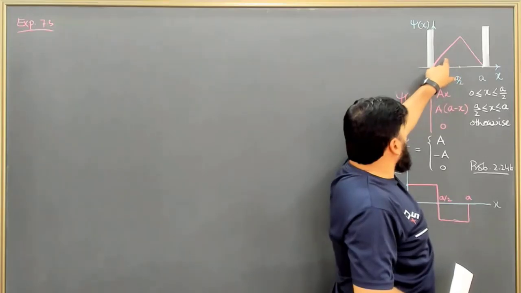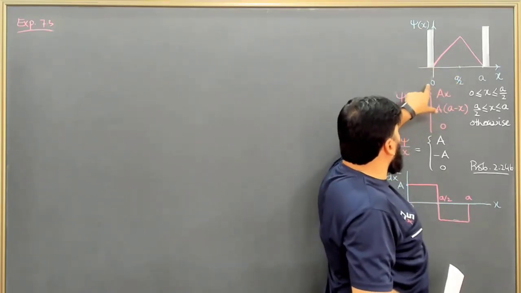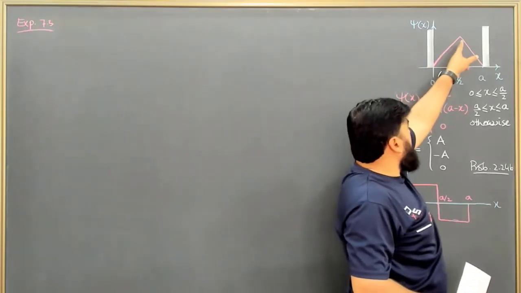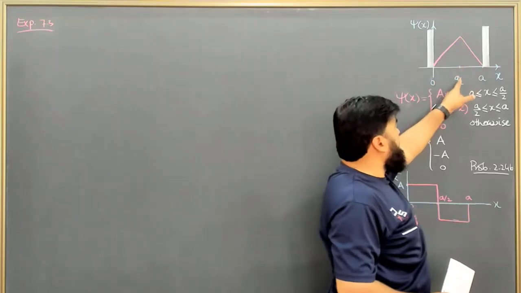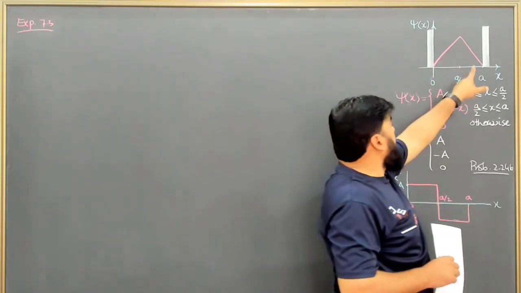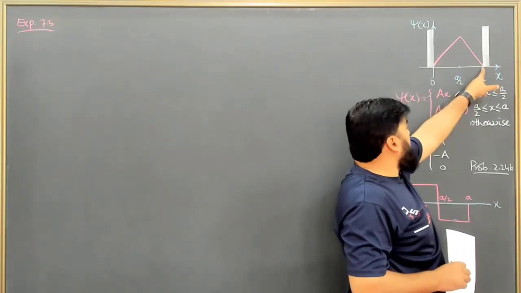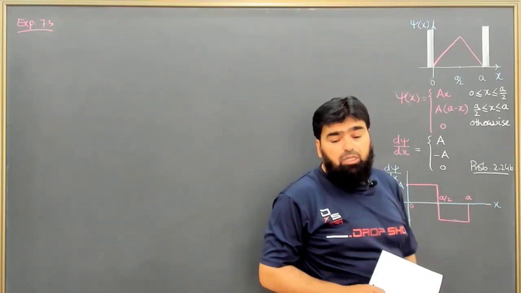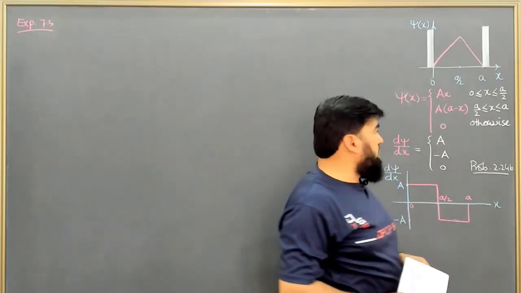The state function starts at 0, then it has its triangular peak at a/2, at the middle of the potential well, and this wave function diminishes as it reaches the other wall of this potential.